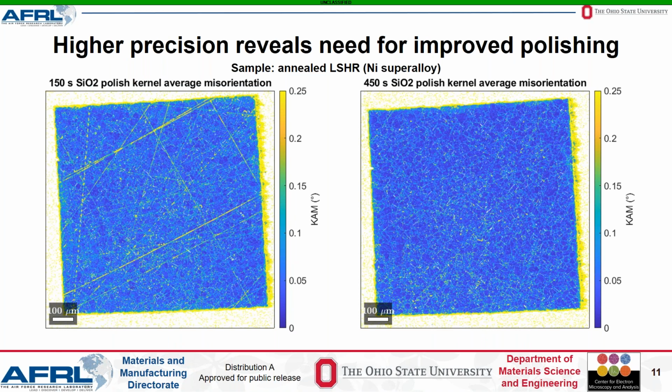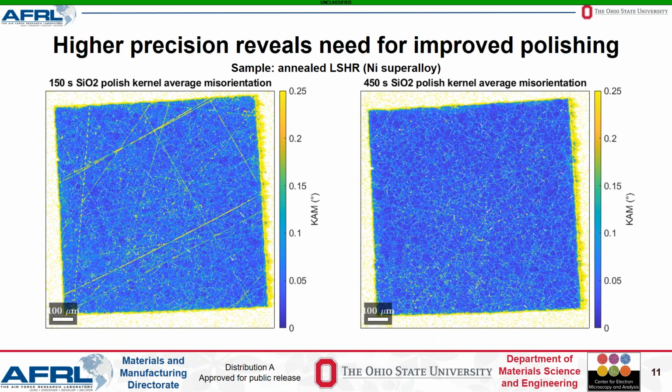As an example of features that can only be revealed by this improved orientation precision, here I show 2 kernel average misorientation plots on the same sample with different polishing procedures. In a previously used experimental procedure, a 150-second colloidal silica polish after grinding with 1 micron diamond was used to produce a good surface finish for EBSD.